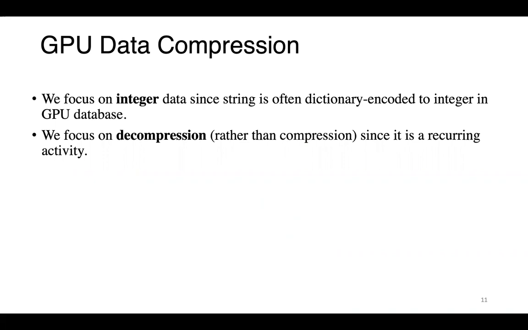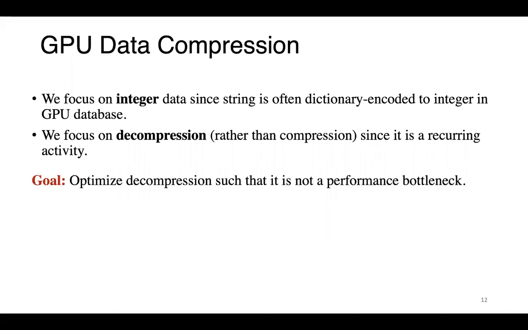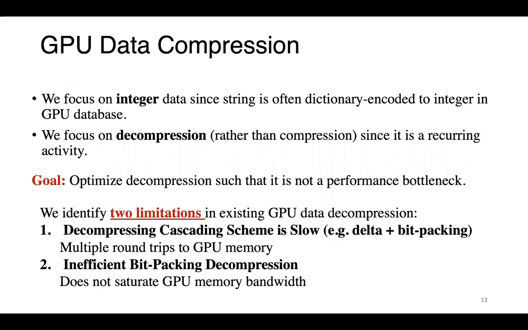For example, we have to decompress the data every time we launch a query, but for compression, we only need to compress the data in the beginning and store it in the global memory. Therefore, the goal of this work is to optimize the decompression performance such that it is not a performance bottleneck in query execution.